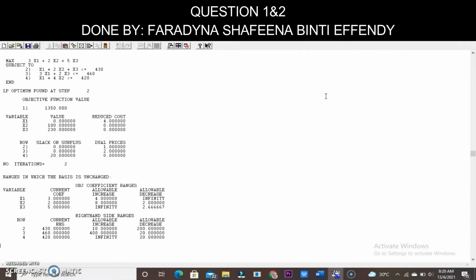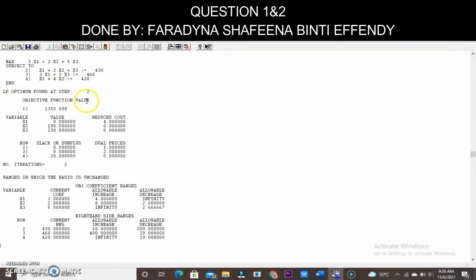From the first part, you can see it is a maximization problem, which is 3x1 plus 2x2 plus 5x3, subject to operation A, operation B, and operation C. This is the objective function value, which is the value of z equal to 1350.